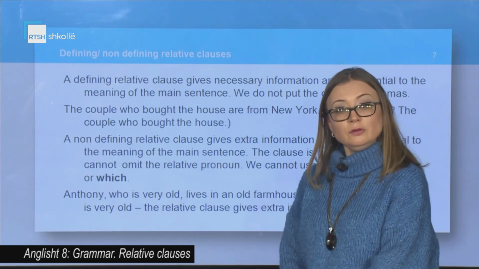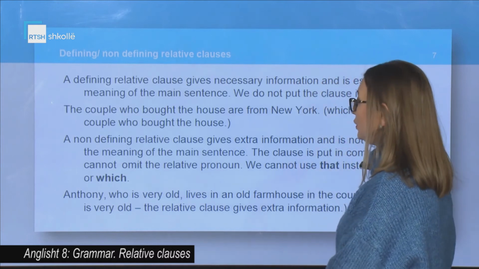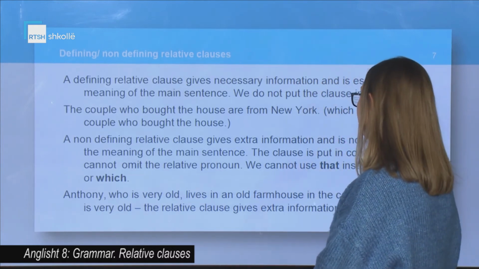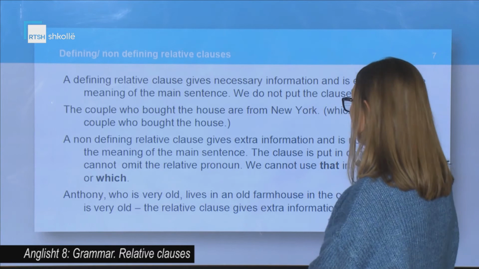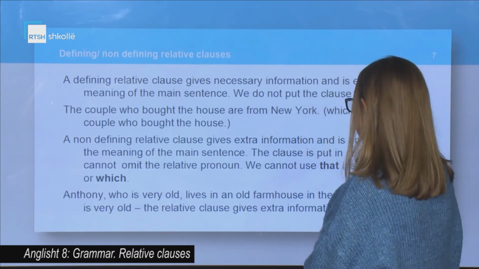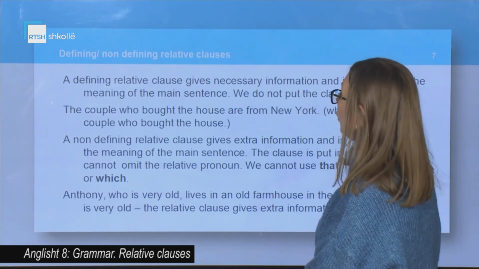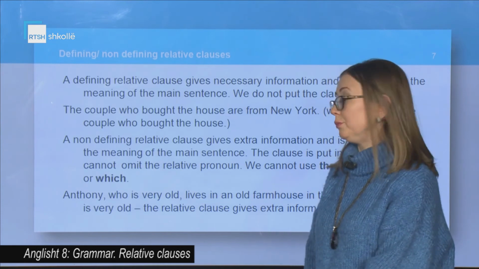Let's pass to the non-defining relative clause. A non-defining relative clause gives extra information and is not essential to the meaning of the main sentence. The clause is put in commas. We cannot omit the relative pronoun.